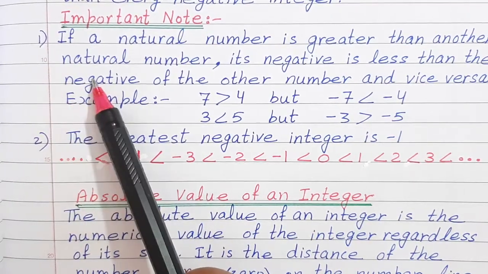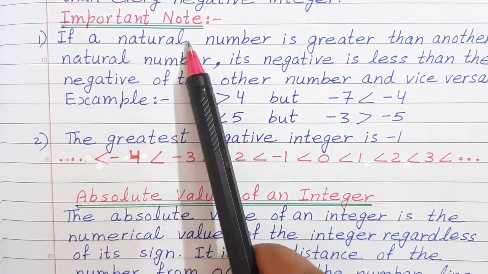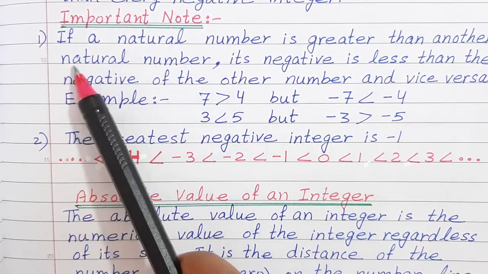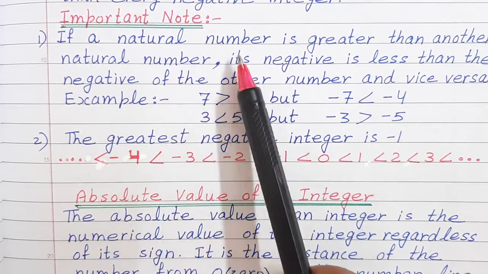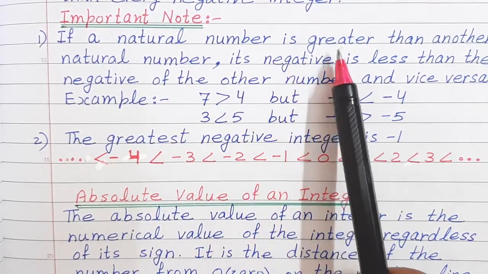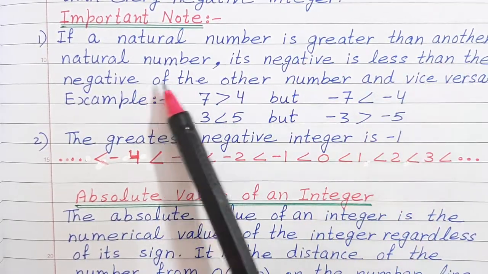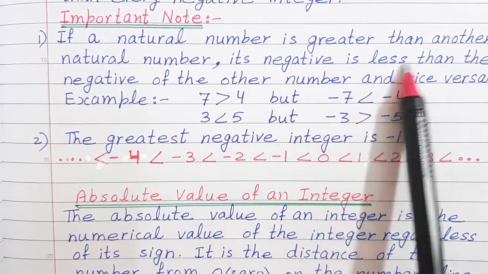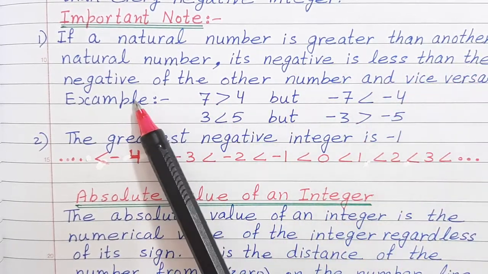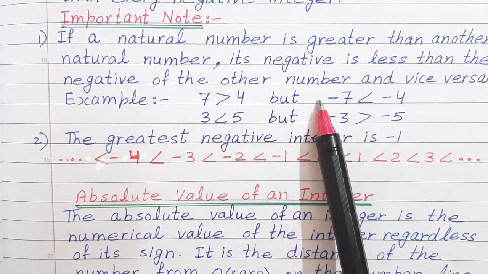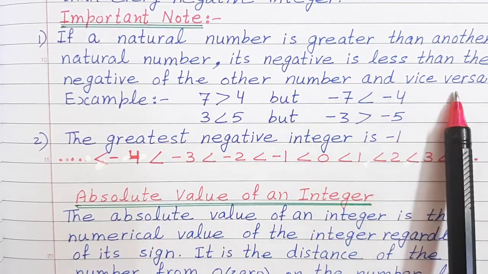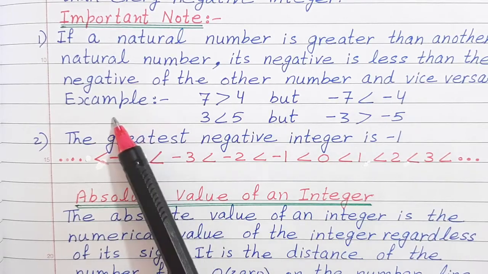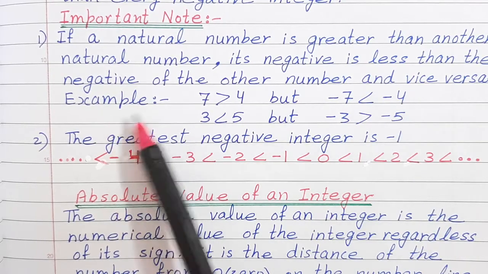Now let us discuss one very important note. First is, if a natural number is greater than another natural number, its negative is less than the negative of the other number and vice versa. Let us understand this with the help of an example.